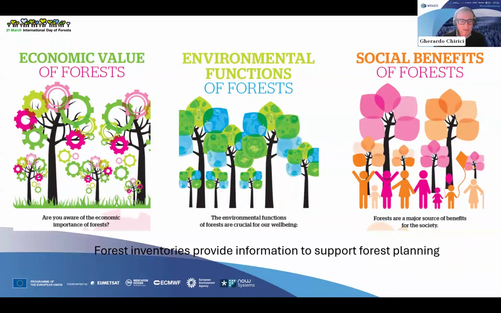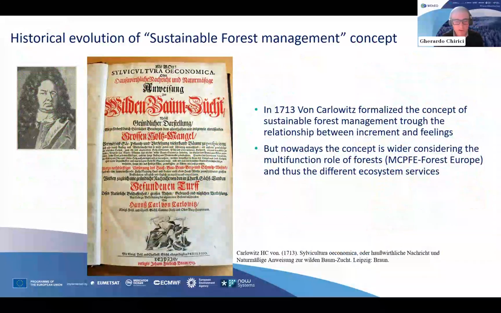To understand the sustainability of forest management, we use a very traditional approach. There are many indicators for assessing sustainability, but one of the most used is quite old. It comes from the 18th century, from von Carlowitz. The concept is related to the ratio between increment and fellings.